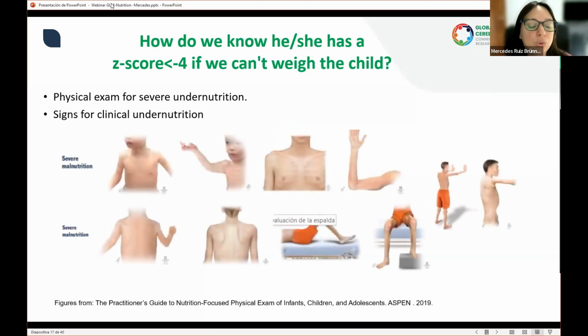We can see that children with severe undernutrition, and I think that this evaluation should always be done, usually have more visible bones in the chest, back, arms and legs. So when we see these more visible bones, we can tell that they have severe undernutrition, and we know that if we use the equation, the value that we obtain will be a little bit higher than what is really going on.